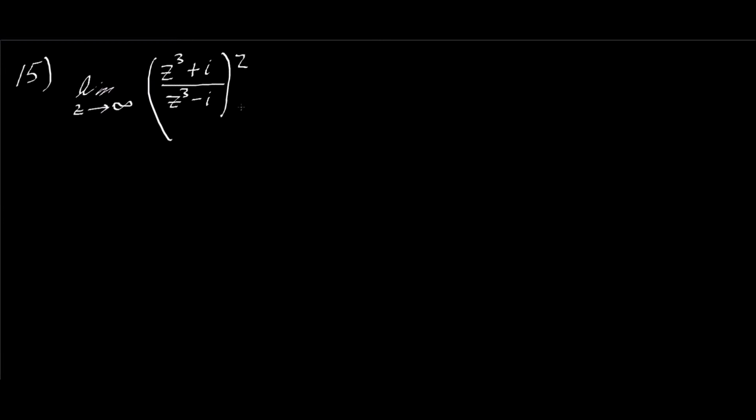We're then going to divide on the inside both numerator and denominator by z cubed. Of course, outside, since it's a whole square, it would be z to the power 6. We then obtain 1 plus i over z cubed over 1 minus i over z cubed.